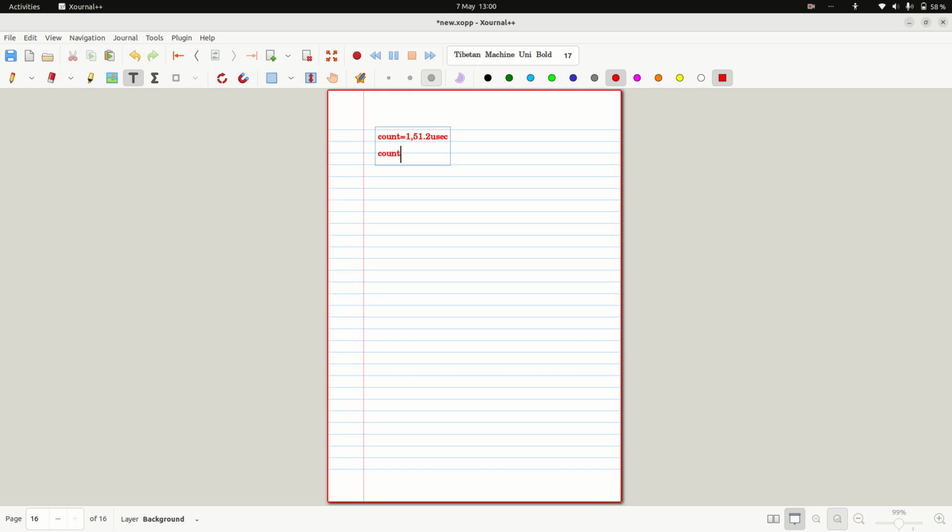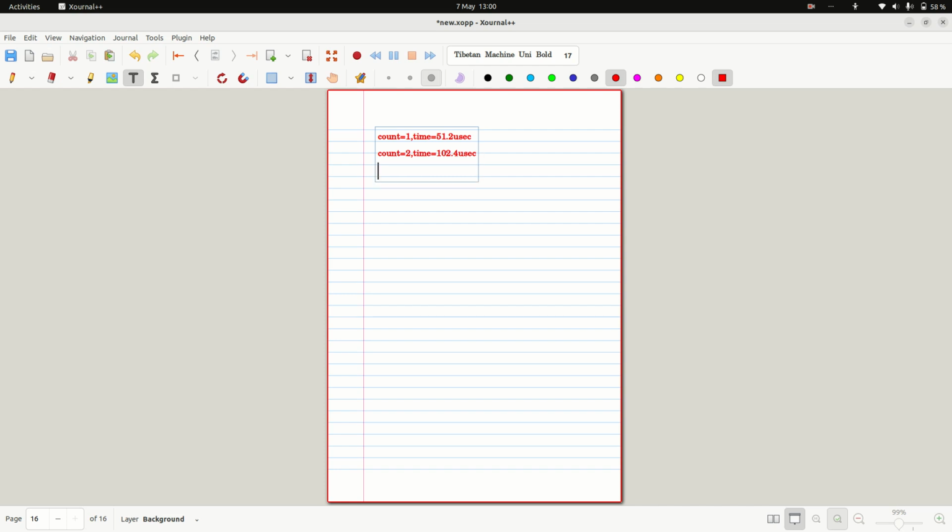Count equals to 2 now. Sorry, here I forgot to write time equals to. When count equals to 2, time equals to 102.4 microsecond. Now no action takes place.